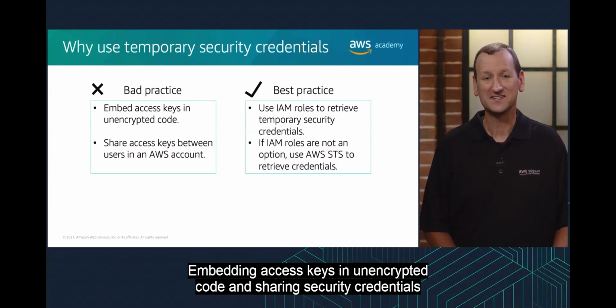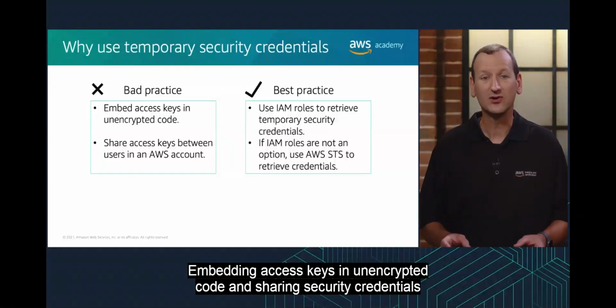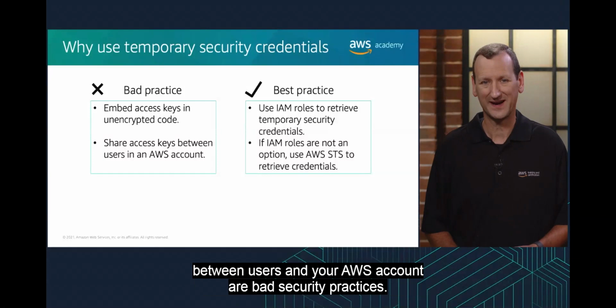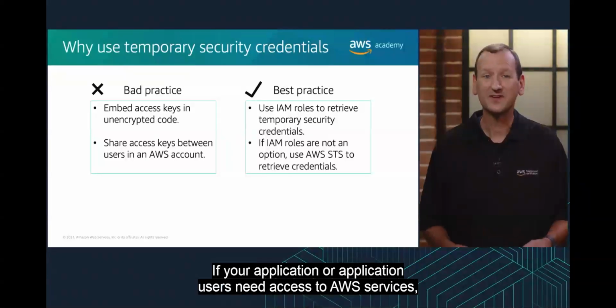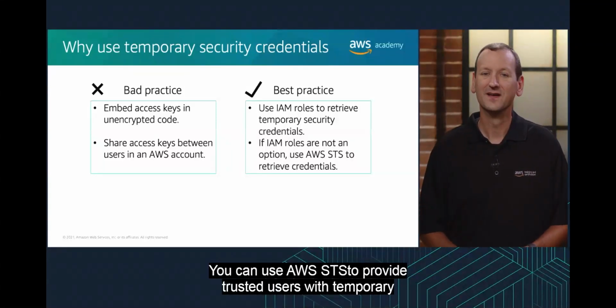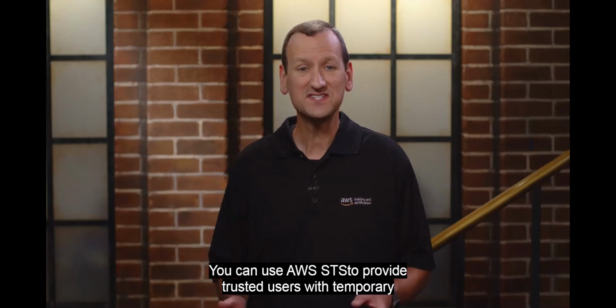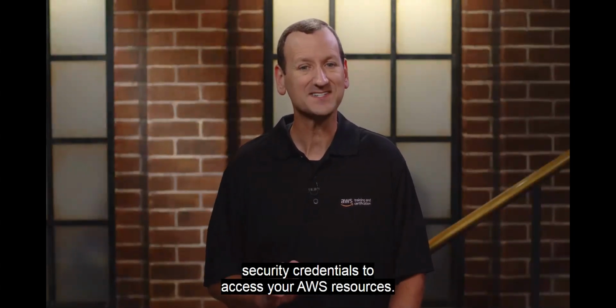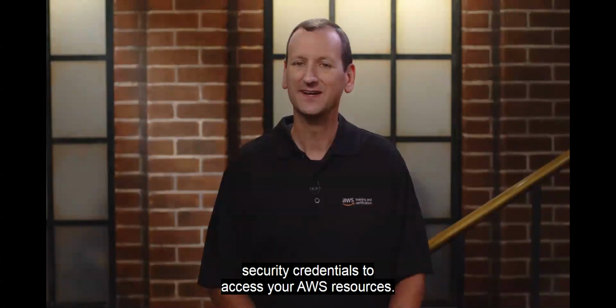Embedding access keys in unencrypted code and sharing security credentials between users in your AWS account are bad security practices. If your application or application users need access to AWS services, you should configure temporary security credentials. You can use AWS STS to provide trusted users with temporary security credentials to access your AWS resources.